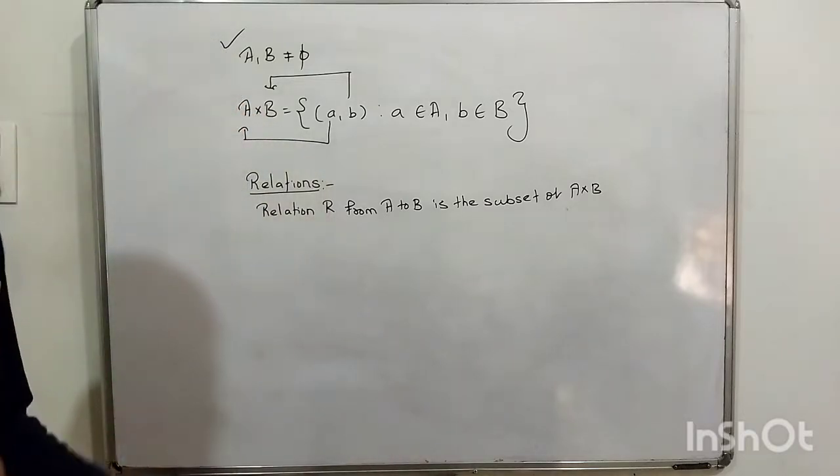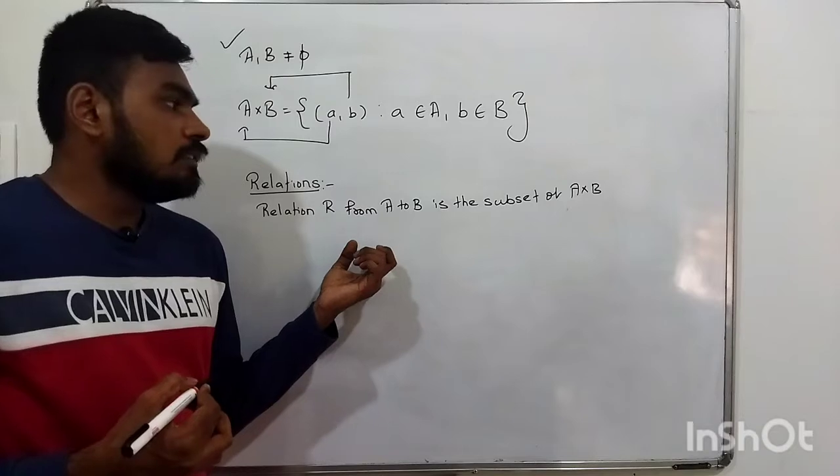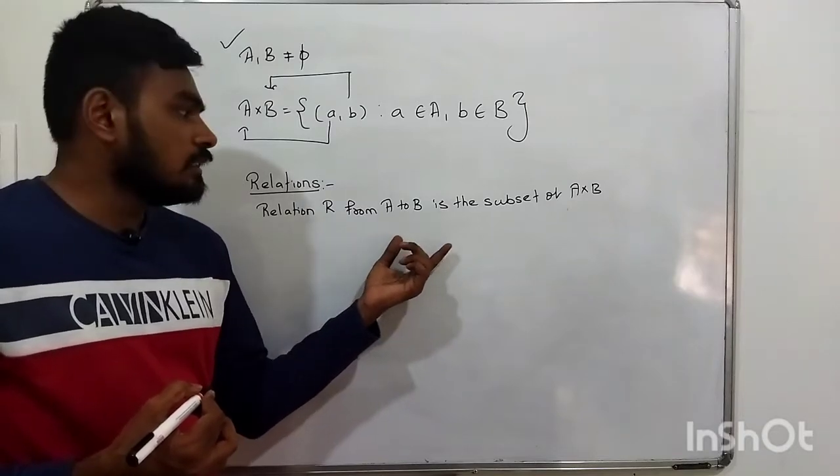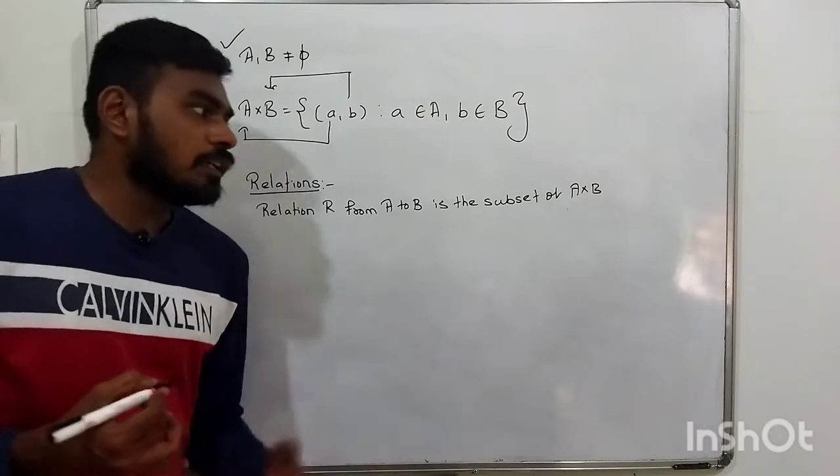And how do we get that subset? By describing a relation between the first element and the second element of the ordered pair.